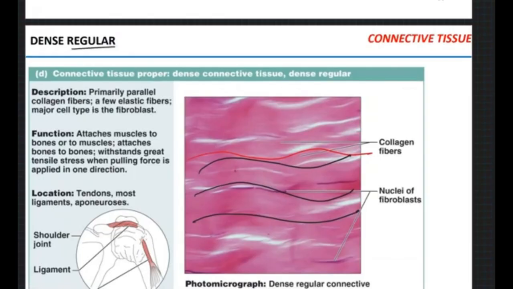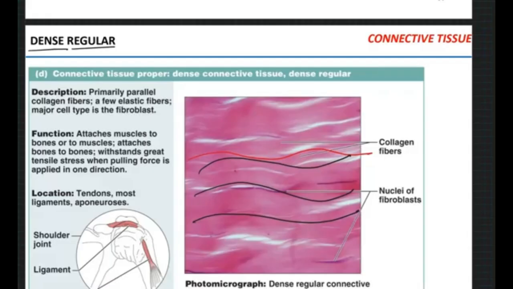And the term is dense because there are a lot of them. Most of this tissue is just collagen fibers. Multiple fibers aligned in one direction provide you with great mechanical resilience. That mechanical resilience can withstand an enormous force that is applied in only one direction.